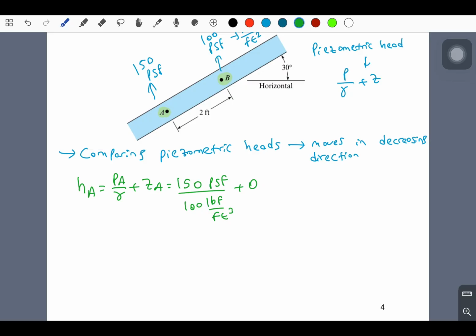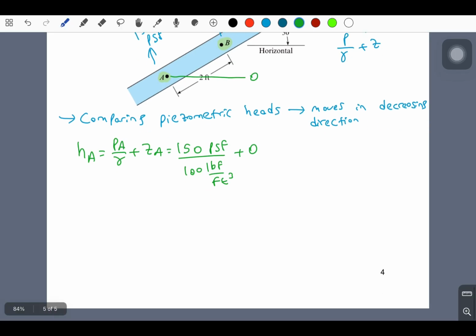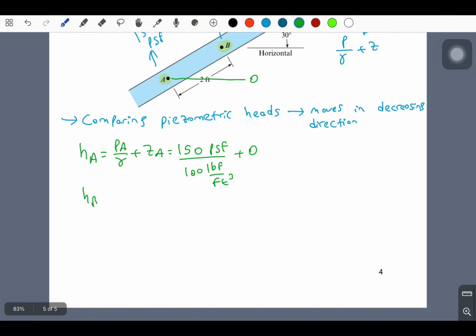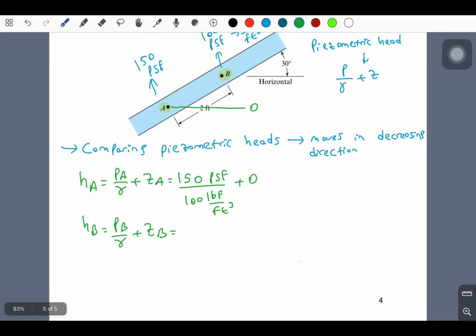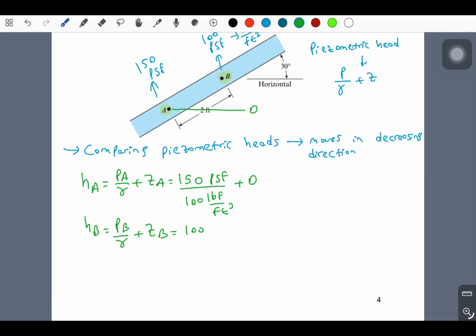We can take point A as the reference, as 0. And for B, we will be using the same equation. So for B, we have 100 psf divided by 100.